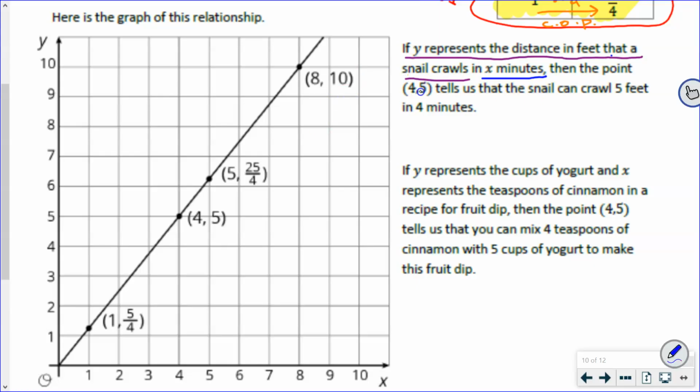Then what does this point 4,5 tell us? Well, the 4 would be the minutes, and the 5 would be the feet. Or in other words, if the snail goes 5 feet, it will take 4 minutes.